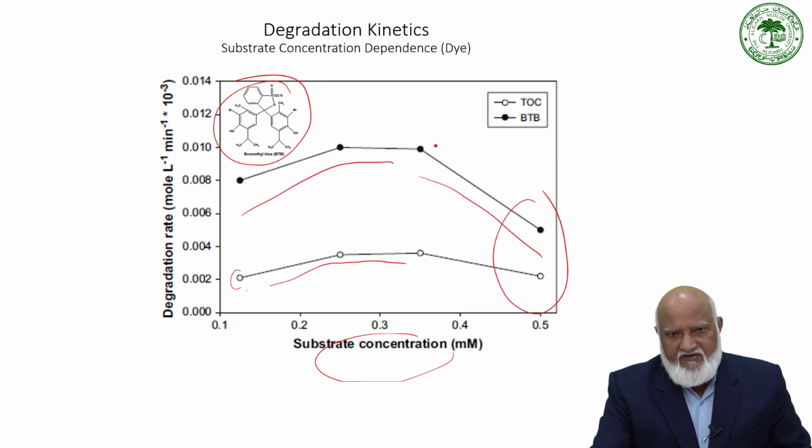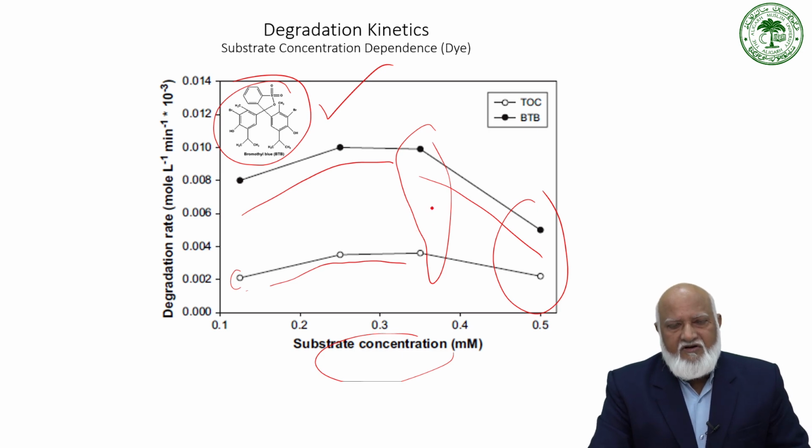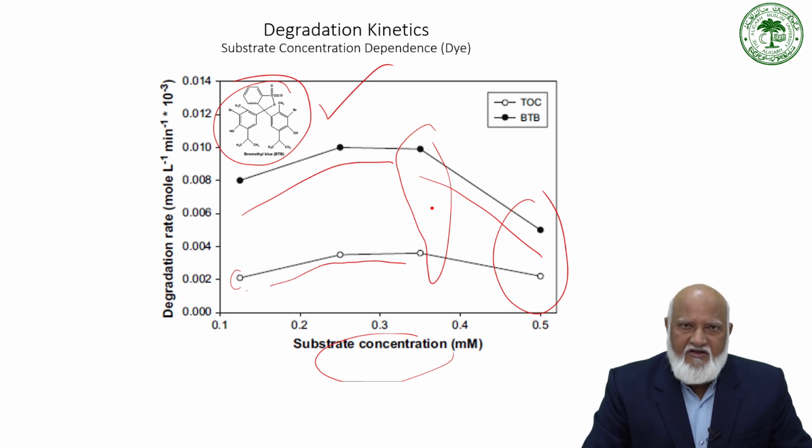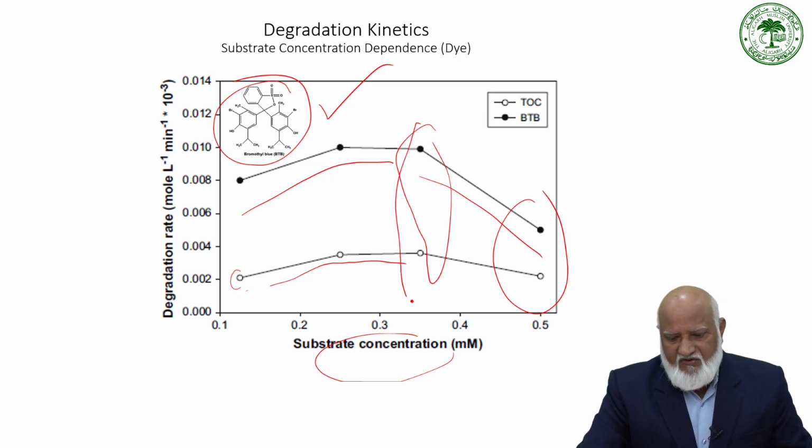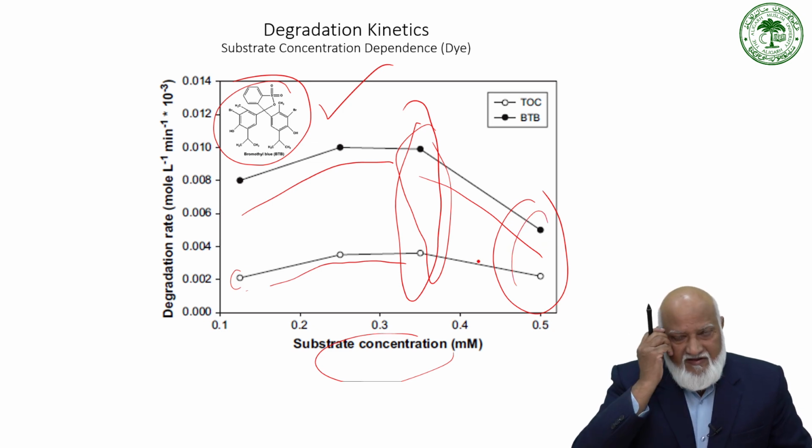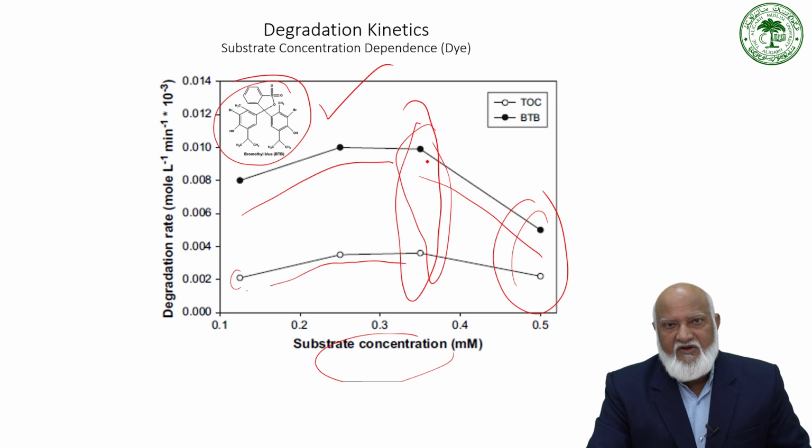This is a dye, and as I have mentioned, when the substrate concentration is very high, the irradiating solution becomes very dark, and light hardly falls on the catalyst to enable it to generate electron-hole pairs and then active species. So it is not only the highest concentration that matters; determining the optimal condition is very important.